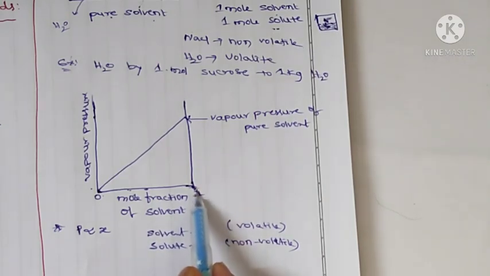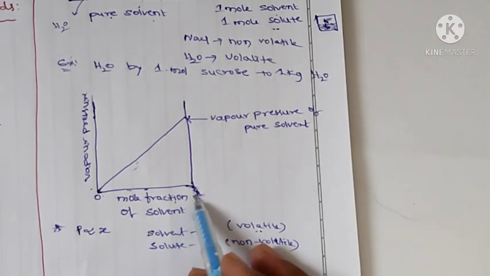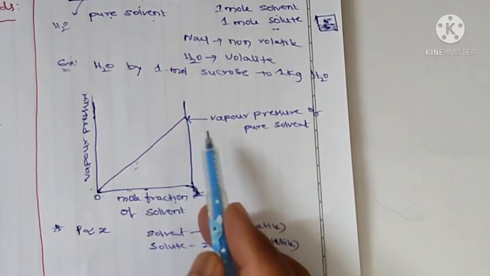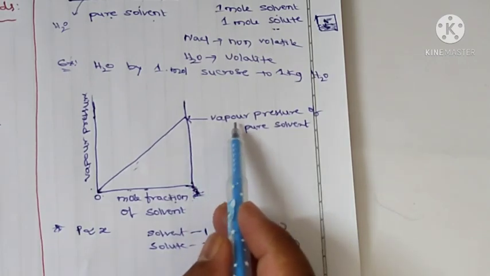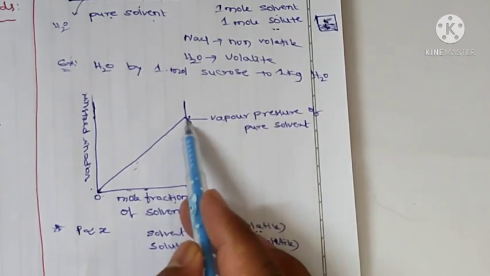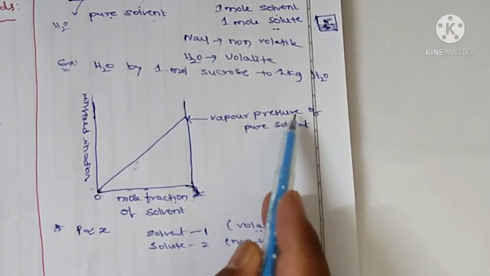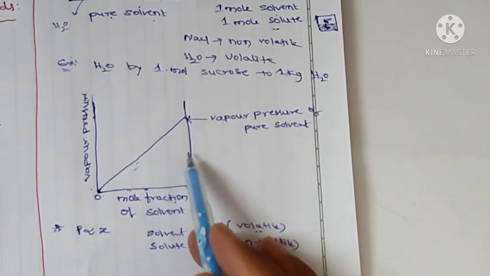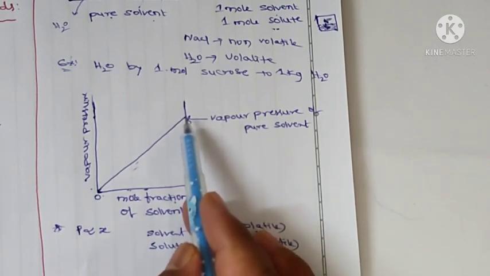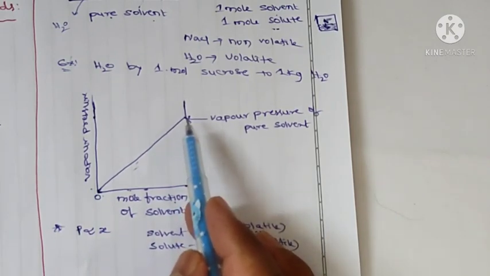At mole fraction 1 we have only the solvent. So this vapor pressure is the pure solvent vapor pressure, meaning there is no solute, only solvent.